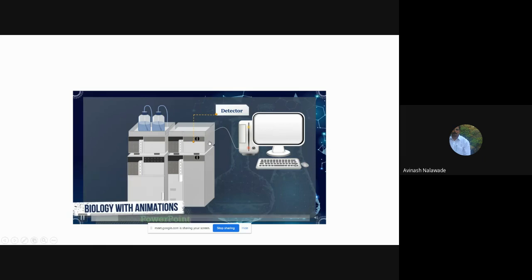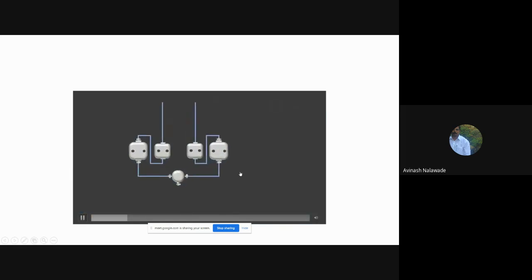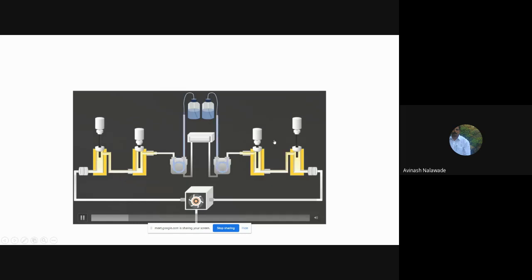Then another most important part is the detector, which is used in chromatography. See here, these are the solvent reservoirs and these are the pumps, and this is the injecting system and this is your column. See here, by means of these two pumps and the vacuum pump, how your solvent is first degassed. The most important process is degassing.